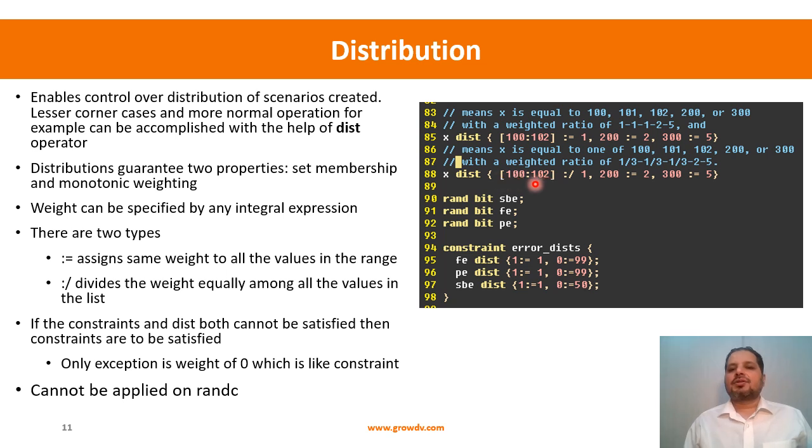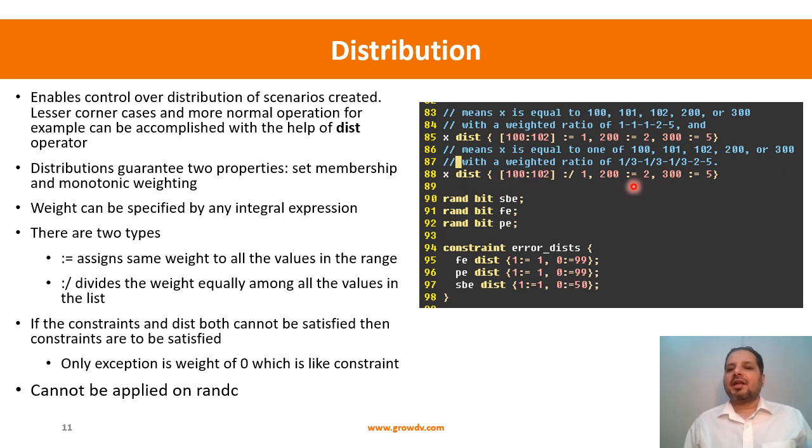Now among the three values, I have to divide the weight equally. So the weighted ratio, instead of becoming 1 as in the previous case where I was using colon equal to, now becomes 1 by 3. There are three values and a weight value of 1, so it gets divided equally. It becomes 1 by 3, 1 by 3, 1 by 3 for 100, 101 and 102, compared to 1, 1, 1 in the previous case of using colon equal to.